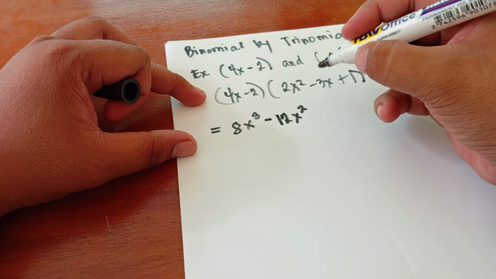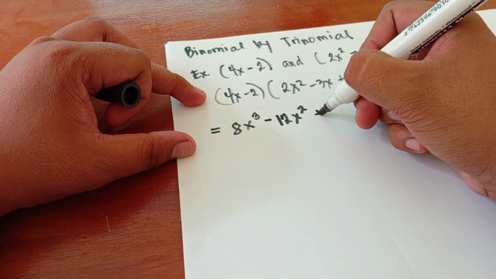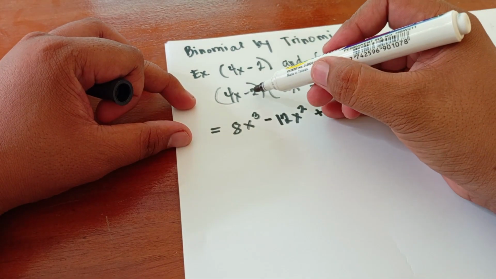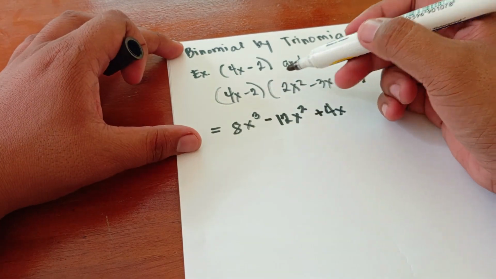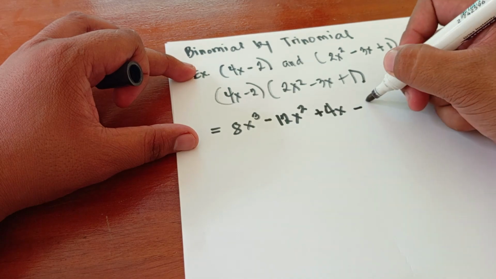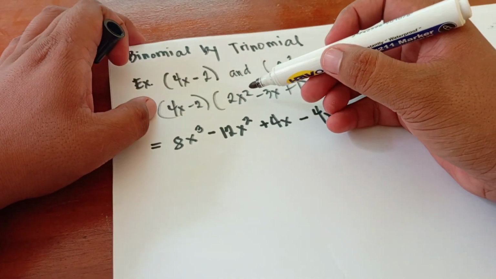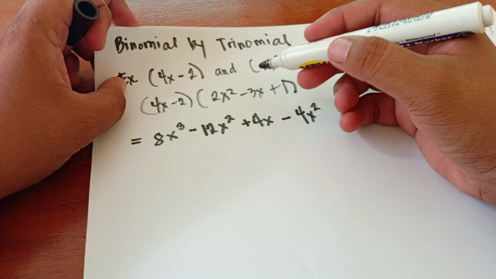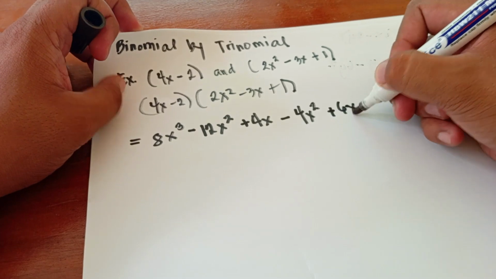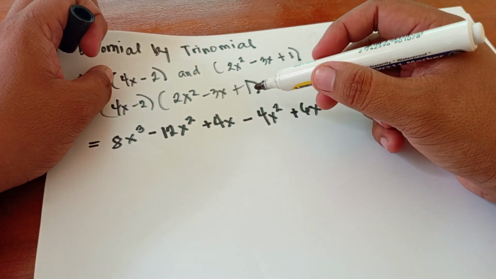We multiply 4x by 1, so we have positive 4x. We multiply negative 2 by 2x squared, we have negative 4x squared. We multiply negative 2 by negative 3x, so we have positive 6x, and negative 2 times positive 1, we have negative 2.